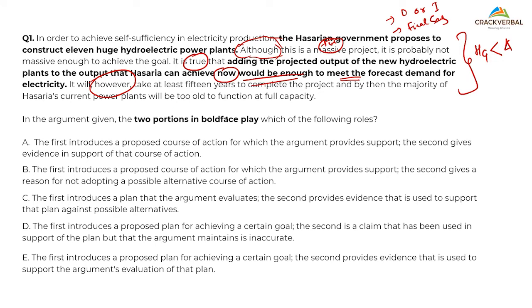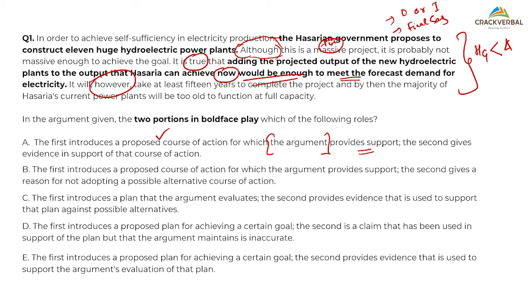Let's move. I've got this story clear. First introduces a proposed course of action. Tick. Nice. For which argument provides support. It might, but is the argument supporting the proposed course of action?